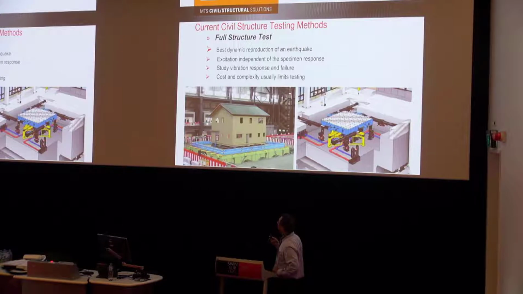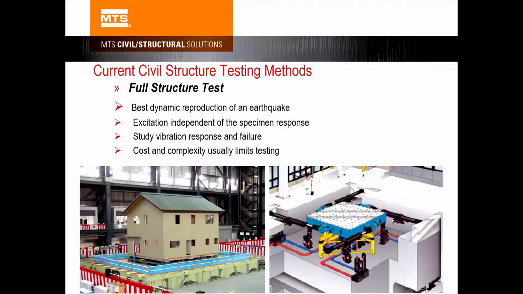But the disadvantage is the investment. You need to put a lot of money to buy the shaker table, to build the facility, and you need a lot of money to build the specimen, full-scale specimen or shrink-down specimen. And to operate the shaker tables takes a lot of money.